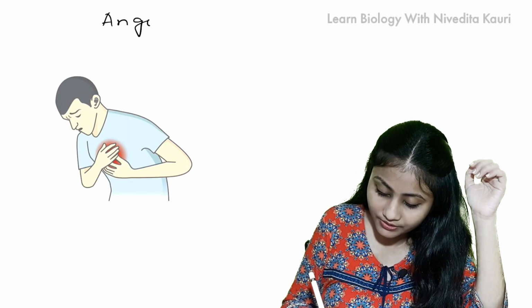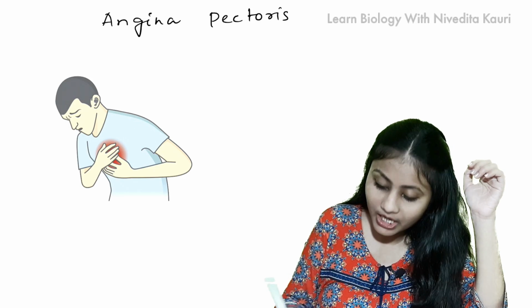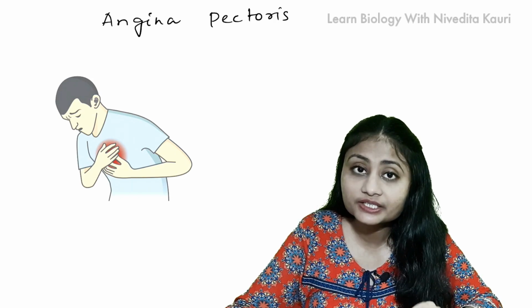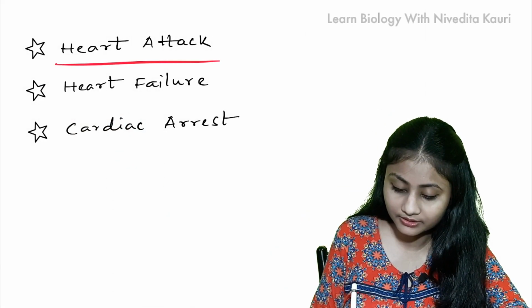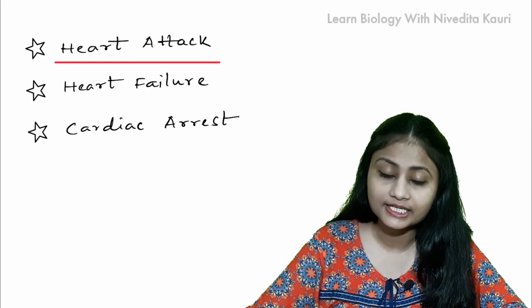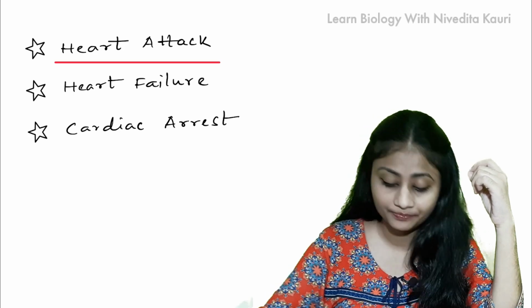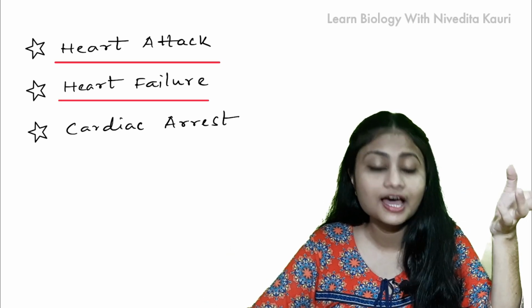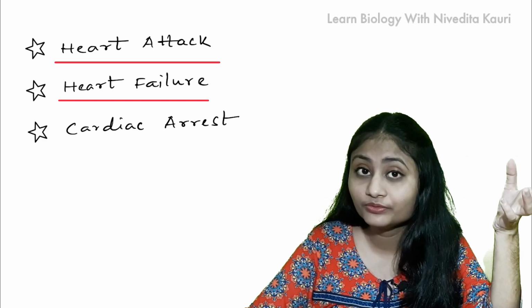Next one is angina pectoris. Angina pectoris is chest pain due to decreased blood supply to the cardiac muscle. Heart attack. Heart attack is the damage of cardiac muscle due to decreased blood supply. Next is heart failure. In simple words, heart is failing to do its job. What is the job of heart?